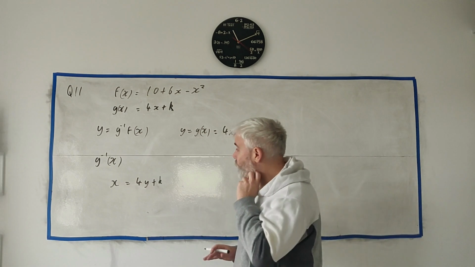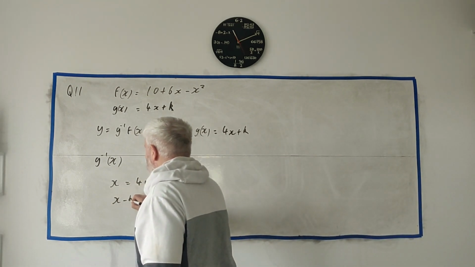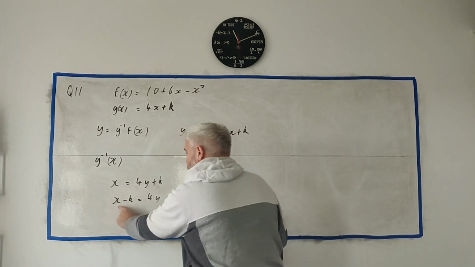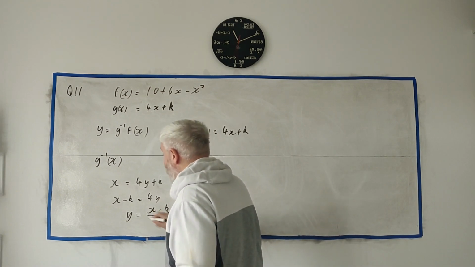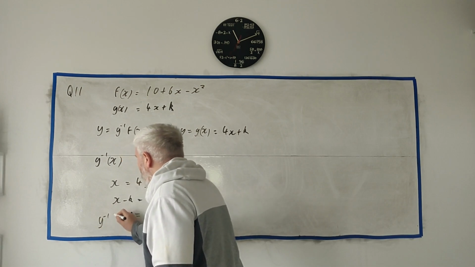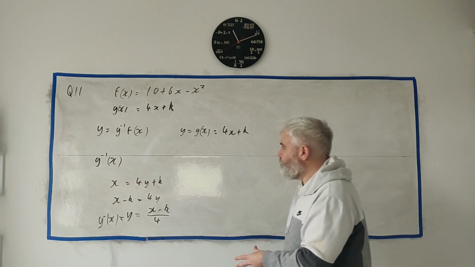Either way, you have to switch x and y somewhere. Rearrange this. k comes over, x minus k equals 4y. y is equal, divide both sides by 4. x minus k over 4. That is the inverse. That's g. The inverse of g of x is this function here.